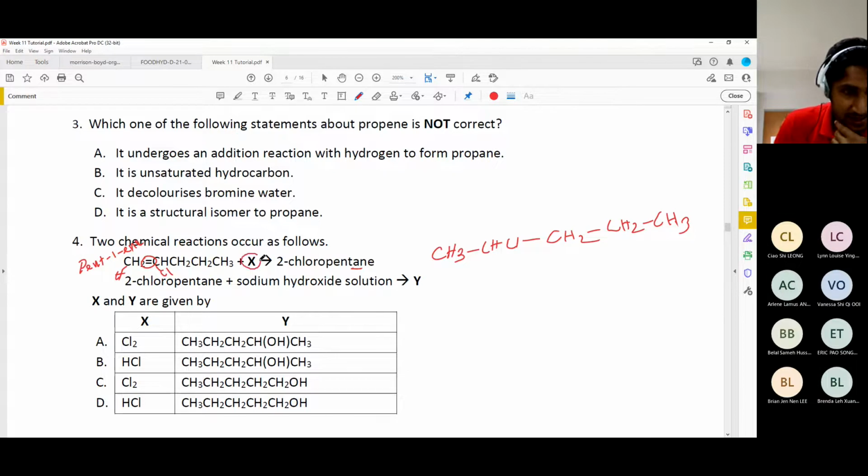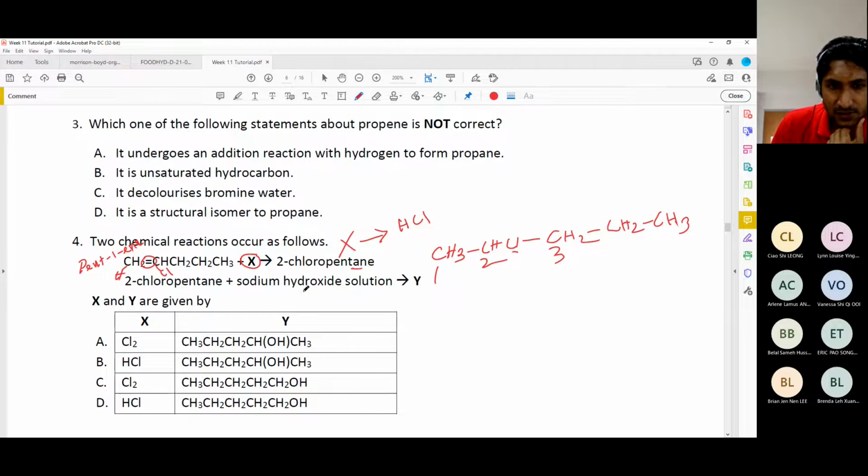Since one hydrogen and one chlorine go in, only one chlorine in this molecule, this X should be HCl. Then this is 2-chloropentane, 1, 2, 3, like this.